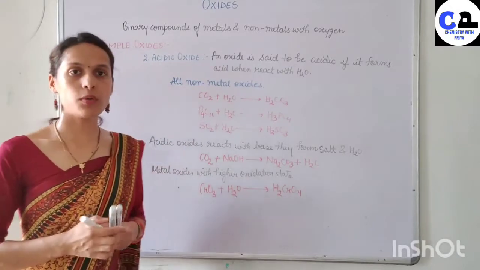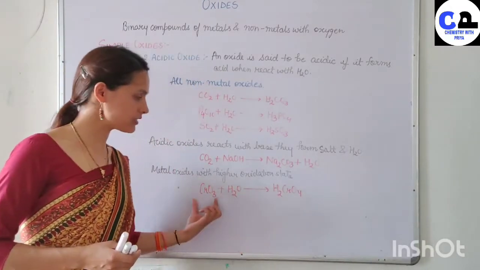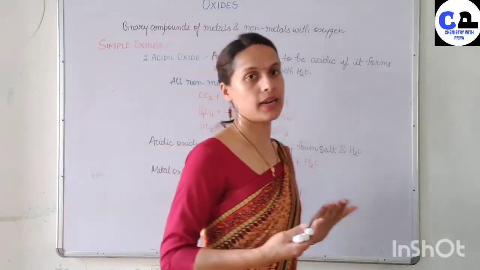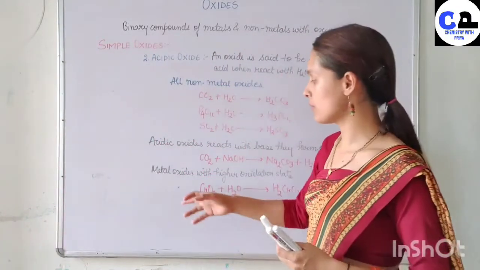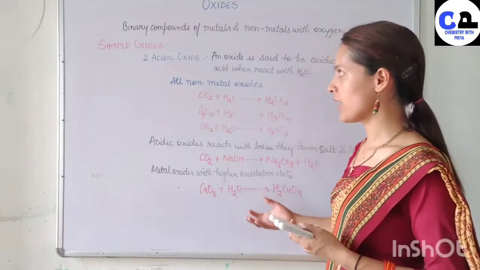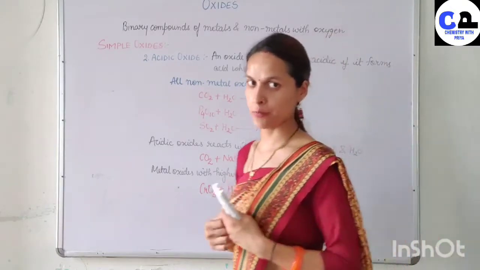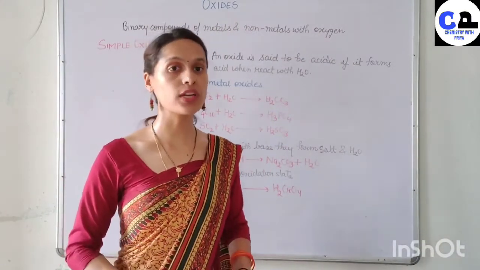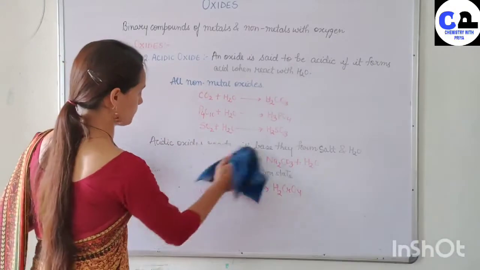Because of the formation of chromic acid, this is acidic in nature. So some metal oxides in which the metal is present in a higher oxidation state behave as an acidic oxide. Now we move to our third category, that is amphoteric oxide.